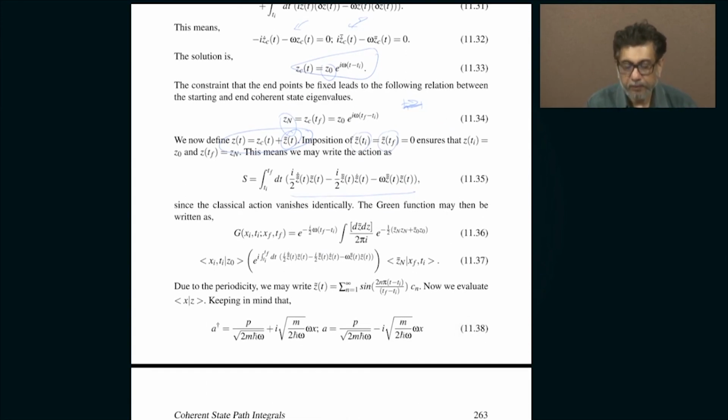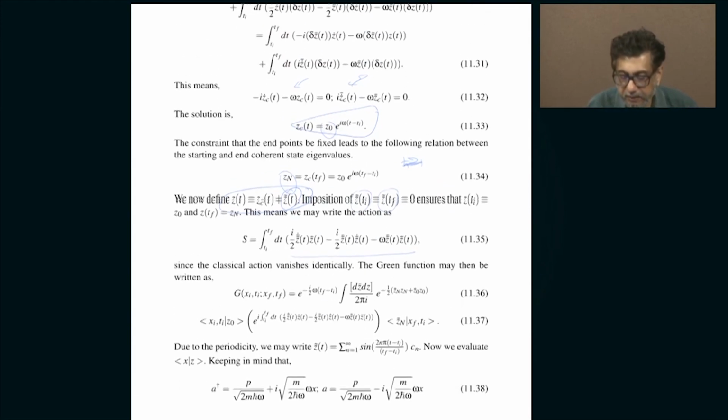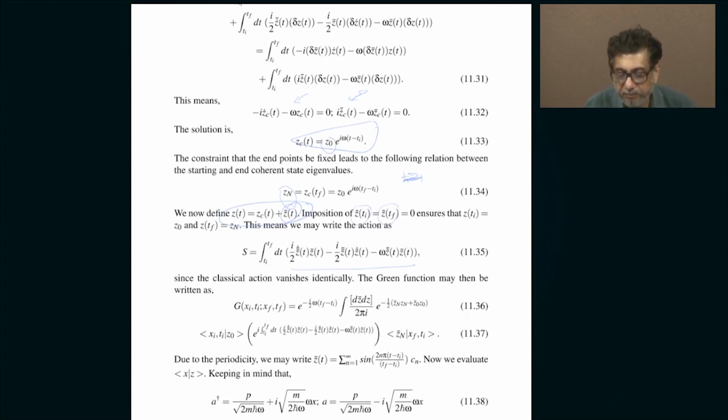So the point is, you might think, why do we always split it up this way? Why do we split up the path in terms of a classical path plus a quantum fluctuation? The reason we do that is because the quantum fluctuation now obeys periodicity. Because for the original path there is no periodicity.